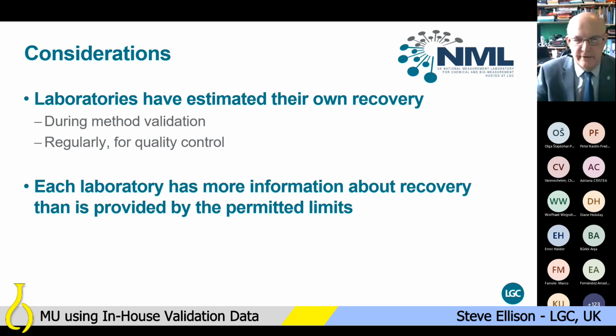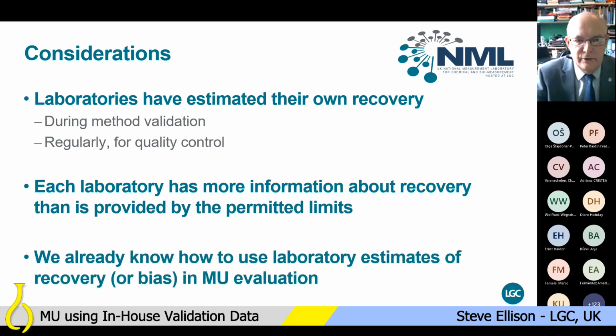And we also know something about how to use laboratory estimates of recovery in measurement uncertainty evaluation. So laboratories are not in the position of having only the permitted limits to rely on. They've got their own information, and they could in principle use that for uncertainty associated with recovery or bias.